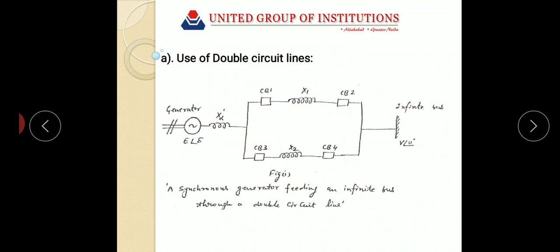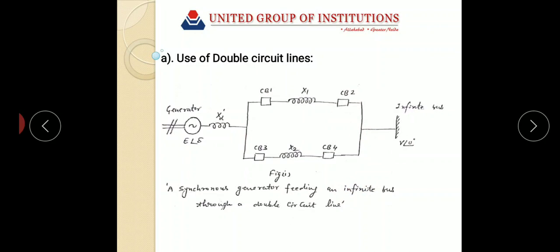Number one is the use of double circuit lines. This is the case when a synchronous generator is feeding an infinite bus through a double circuit line. Line 1 reactance is X1 and line 2 reactance is X2.